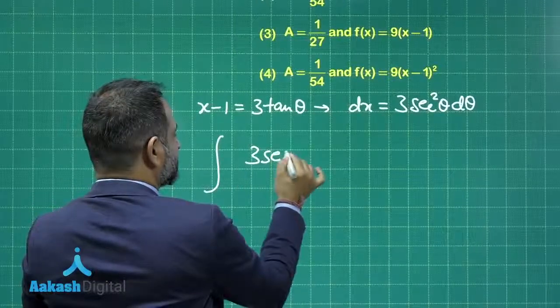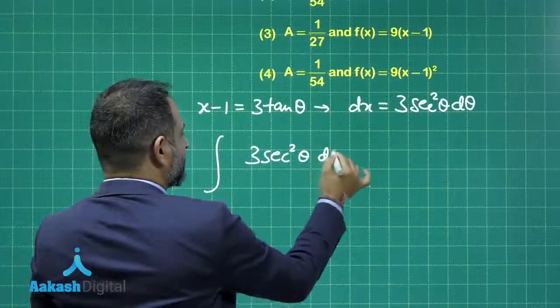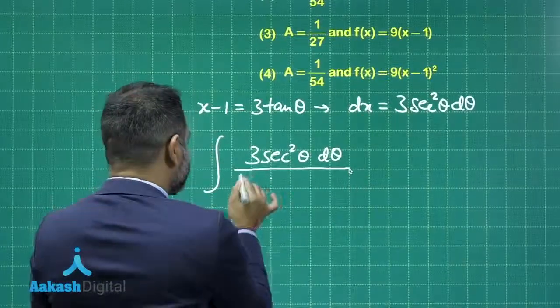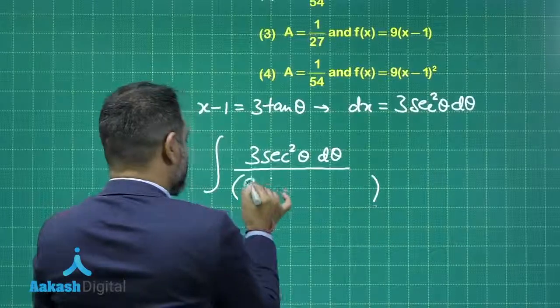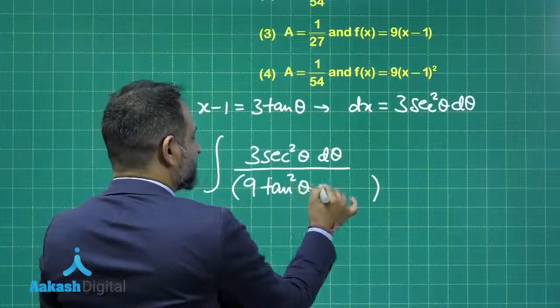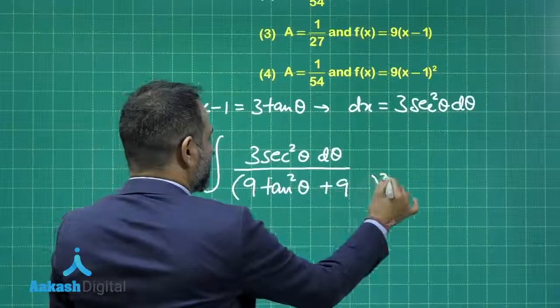3 secant square theta d theta, and in the denominator we will have 9 tan square theta plus 9 and again the whole square.